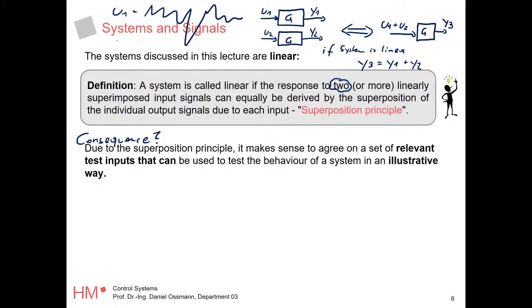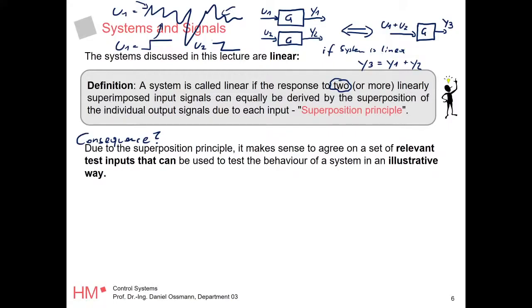We can say, okay, let's make U1 a simple signal like this, because I can construct this guy here out of a lot of these signals, for example. I can do U2 like this in the negative direction. And if I have a lot of these, I will end up with this guy by just adding them.